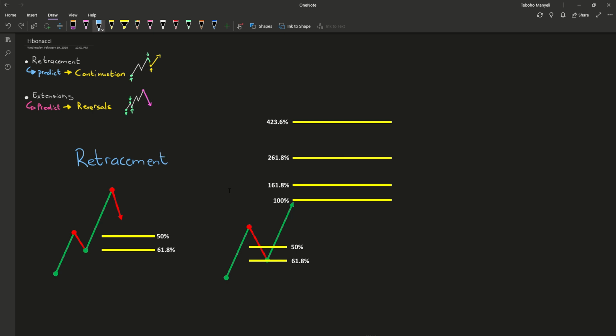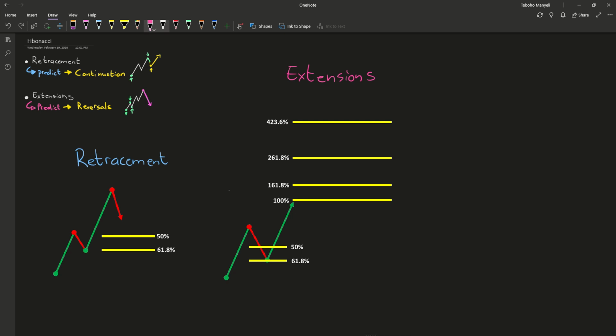And this is the tool that assists you with predicting continuation. The second one here, I'm going to write this one in pink, is your Fibonacci extension tool, or extensions, that helps you predict when the market is about to reverse.